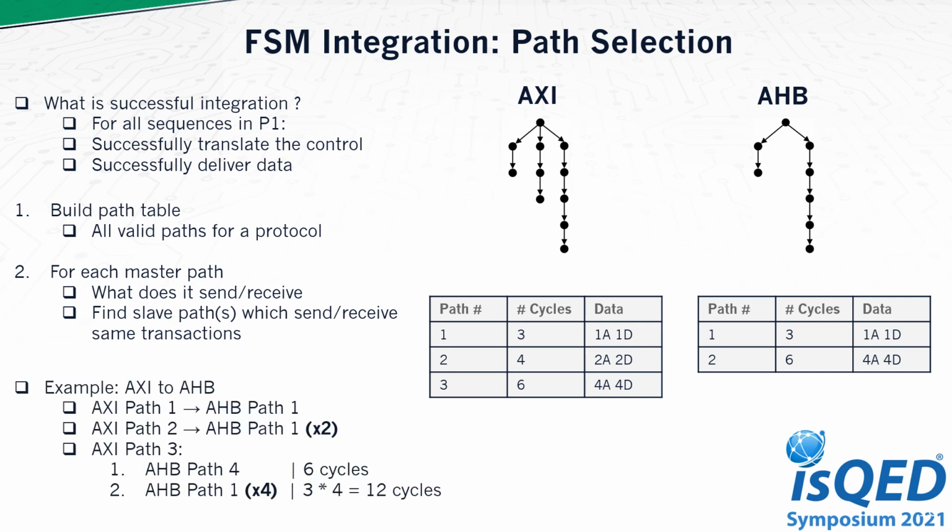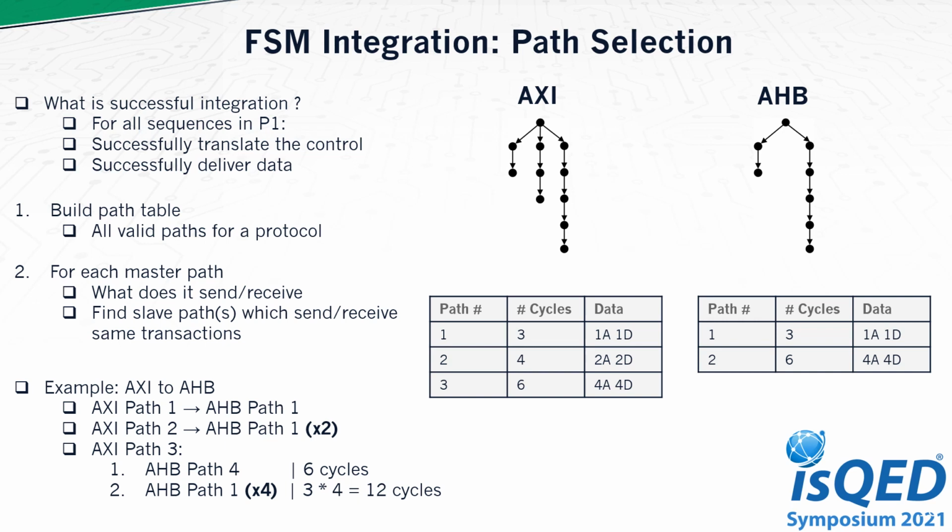Looking at our example, we can match path 1 in AXI to path 1 in AHB, since they both contain 1 transaction. For path 2 in AXI, it is a bit trickier, since there is no 2 transaction path in AHB. So we must break it up into 2 single transactions for AHB. Lastly, looking at path 3, we have a decision to make.